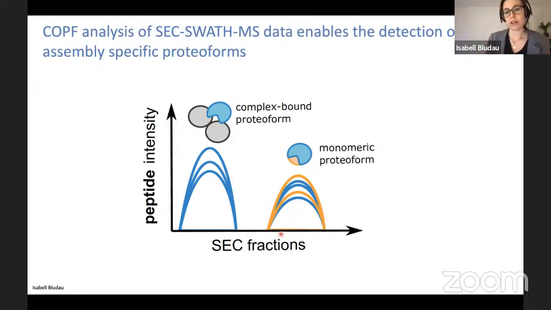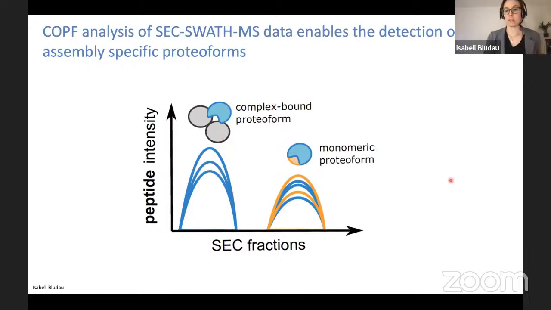So here in this toy example, I again show all the peptides as lines, and they are all peptides from the same protein. And what you see is that there are two orange peptides that are only present in the low molecular weight peak. And this might be very interesting, because then we could say that these two peptides are actually unique to the monomeric form of the protein, and they are absent in the complex-bound form.